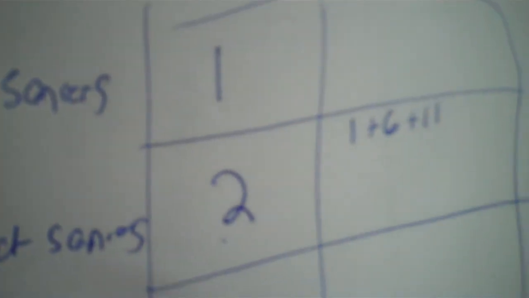Now 1 freshman, that's your actual number, but that's not a senior, so I put that there. 6 sophomores, not a senior. I'll add that. 11 juniors, not a senior. So 1 plus 6 is, wait a second, did I do this right? Yeah, it's going to be 18. So just put 18.